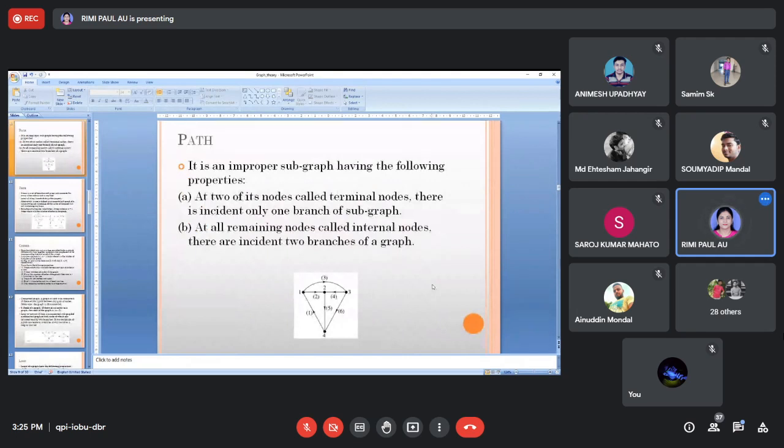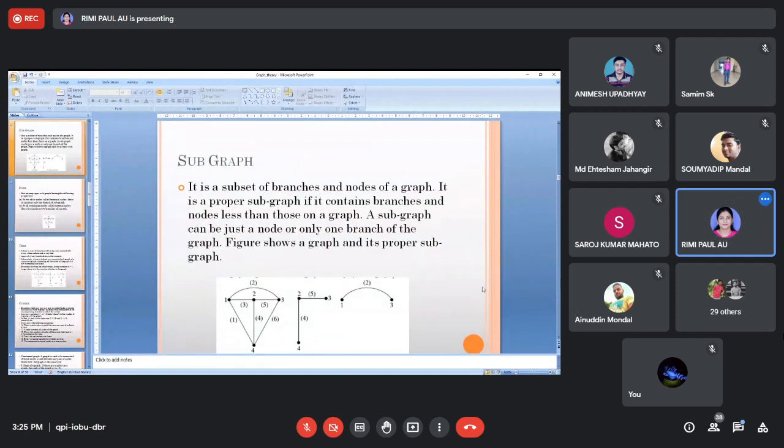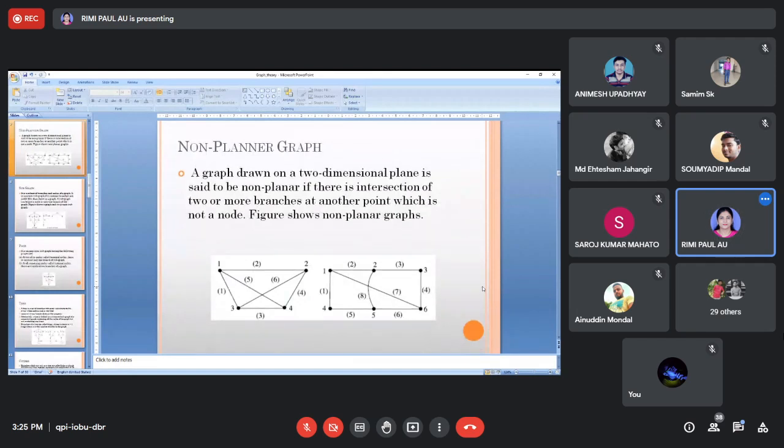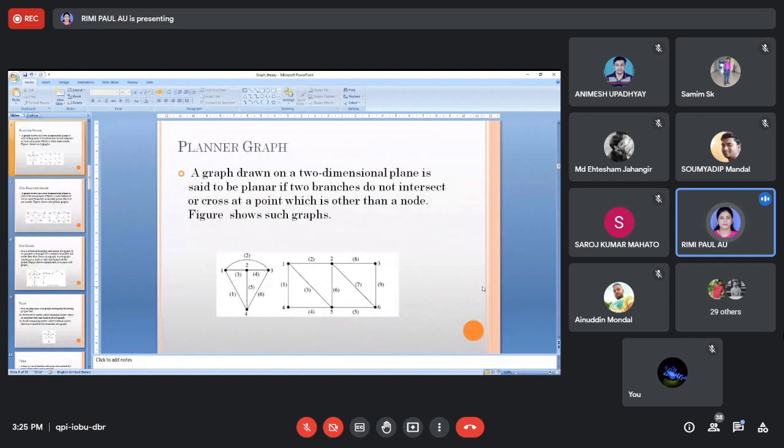This is a path. This is a subgraph, and this is a proper subgraph. This is a non-planar graph. This is a planar graph.